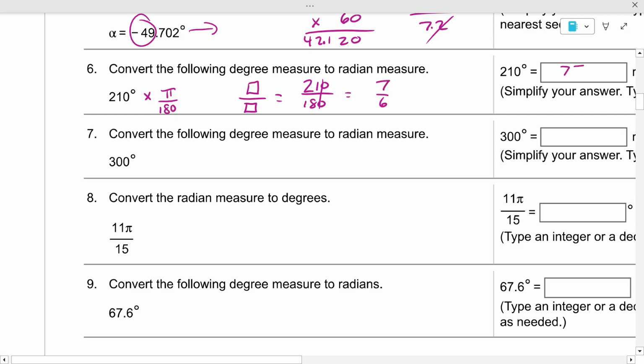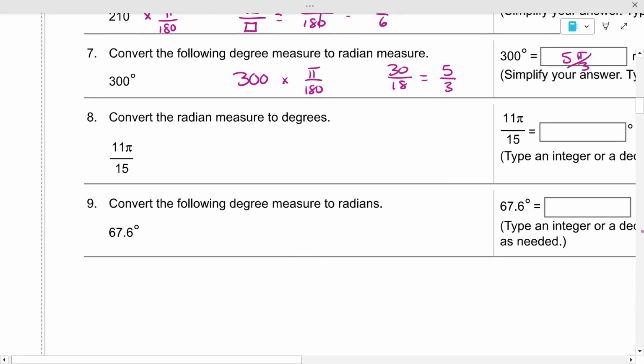So then you type in 7 pi over 6. Remember your pi, you just don't put the pi in your calculator. Okay, are we all right with that? Do the same thing, 300 times pi over 180, and we get 30 over 18, which is 5 over 3. So 5 pi over 3.